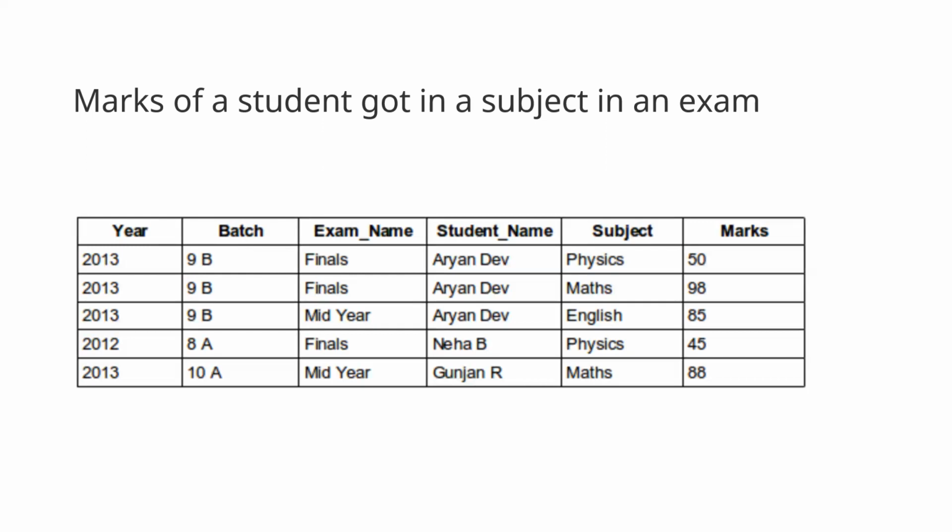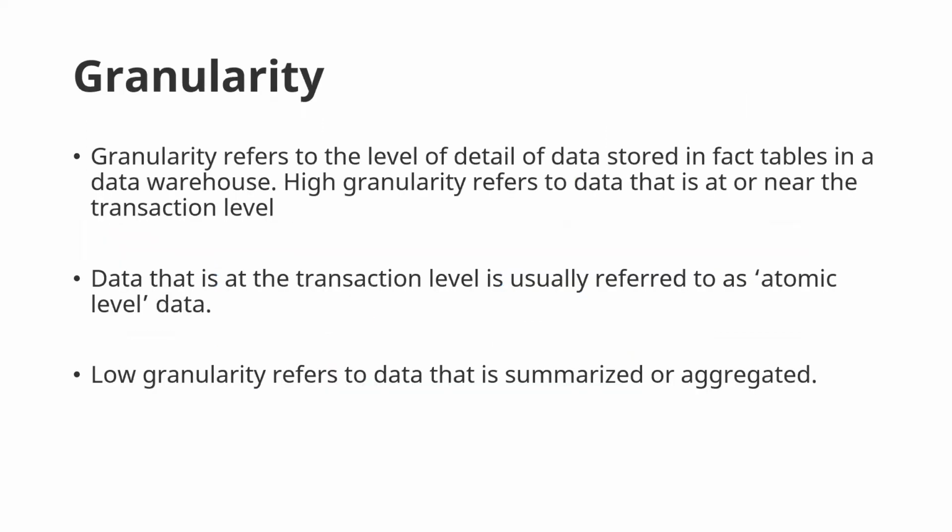Now, what is granularity? Granularity means how many line items you want to push into a particular row, so how much detail-level data. Granularity refers to the level of detail of data stored in a fact table in a data warehouse.